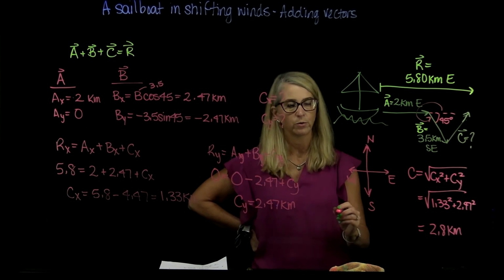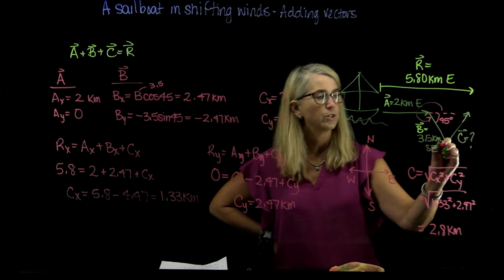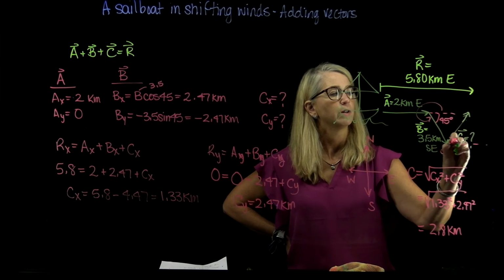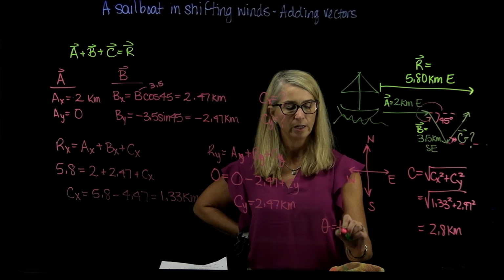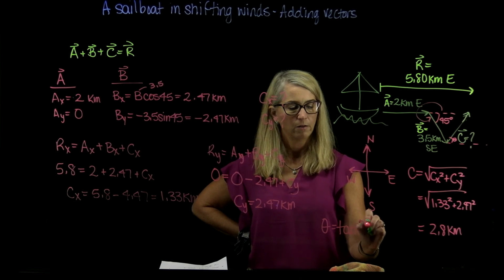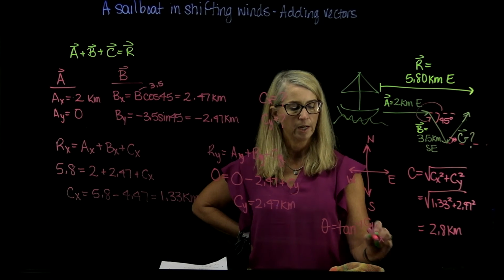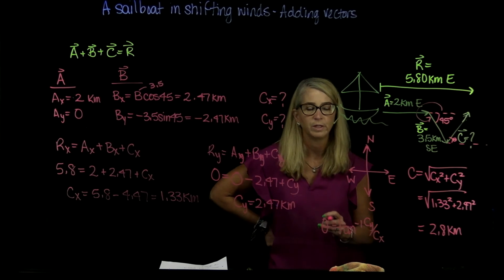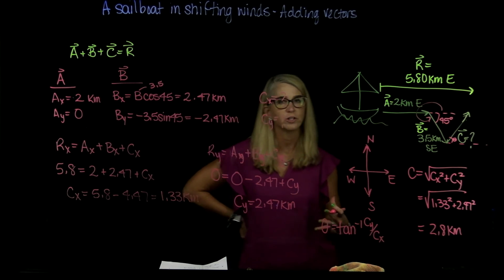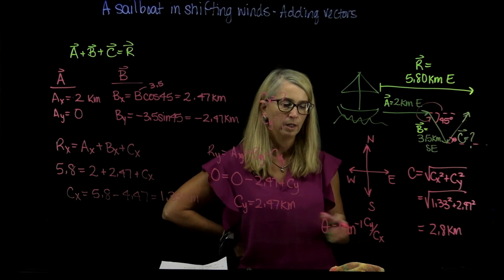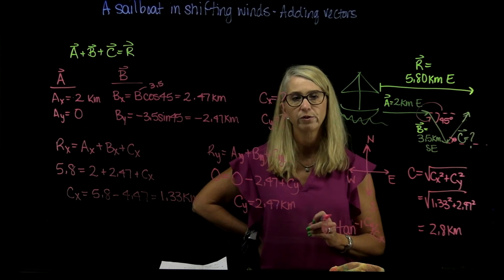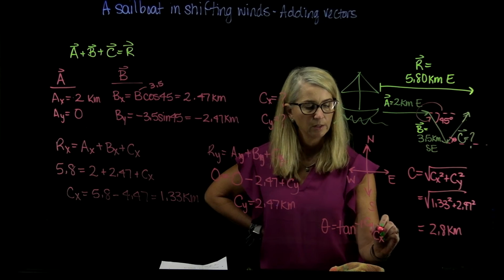The angle that it's going to be directed at, which is this angle right here, I would find by taking the inverse tangent of Cy over Cx. Remember, because I would say that the tangent of that angle would be the y component over the x component, and so then I would rearrange it to figure out what that angle is.